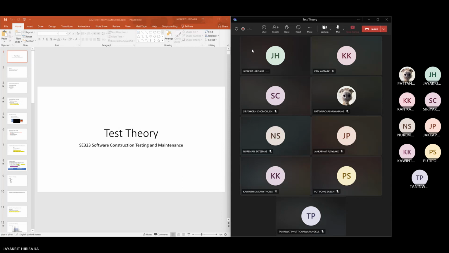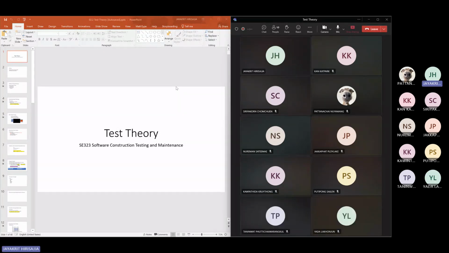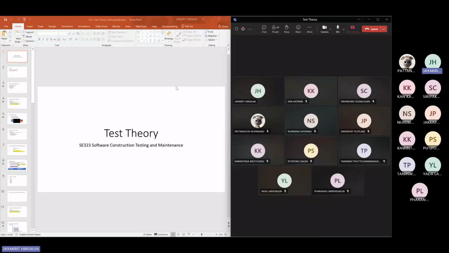How should we design the test, and what is the theoretical guideline for how we can design it?